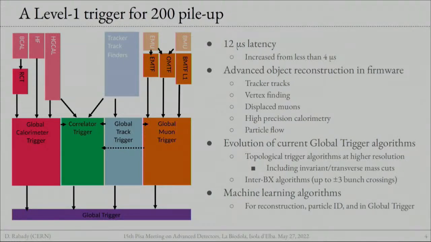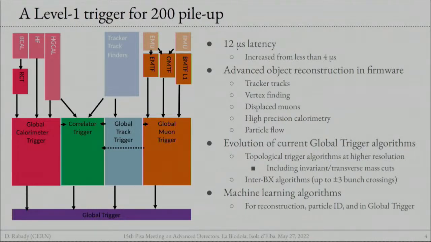On the left-hand side, I have a diagram of the level 1 trigger, how it should be. Each of these boxes is its own system. The important thing to take away here is that we have a local reconstruction layer with, for instance, the track finder, muon track finders for various regions of the detector, and a regional calorimeter trigger.